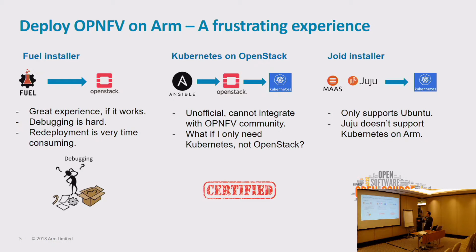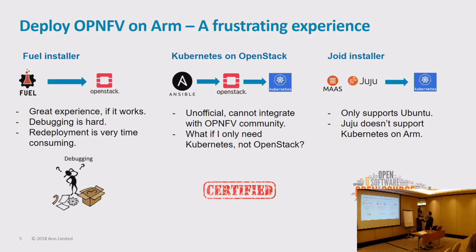So we turned to our third try. We are using the Joid installer. Joid is a standard OPNFV installer, officially supported and developed by Canonical. In the back end, it uses MAAS and Juju for bare metal and upper-level Kubernetes deployment.